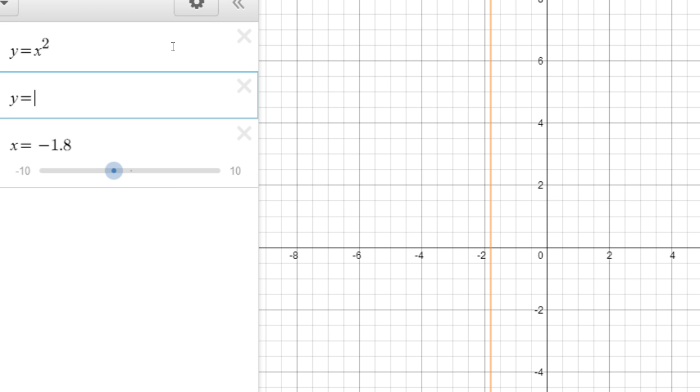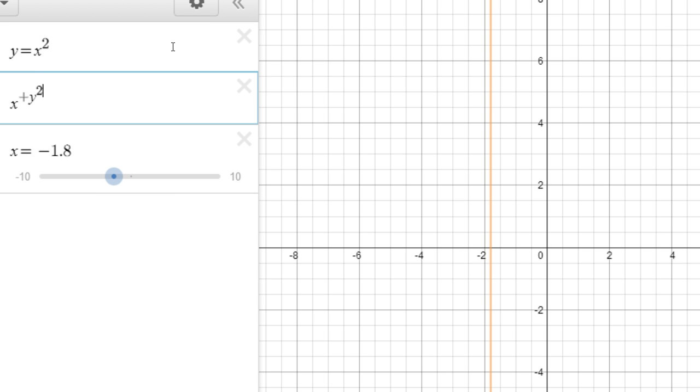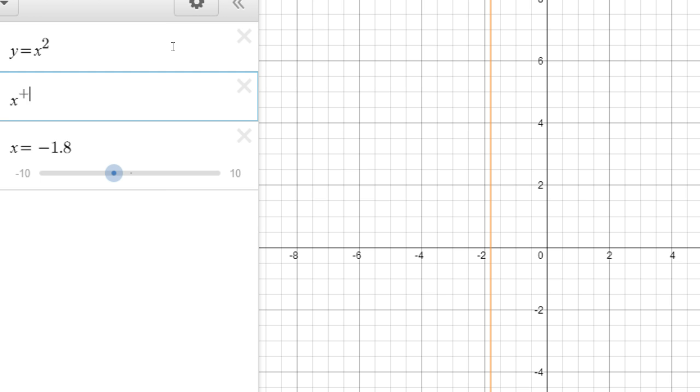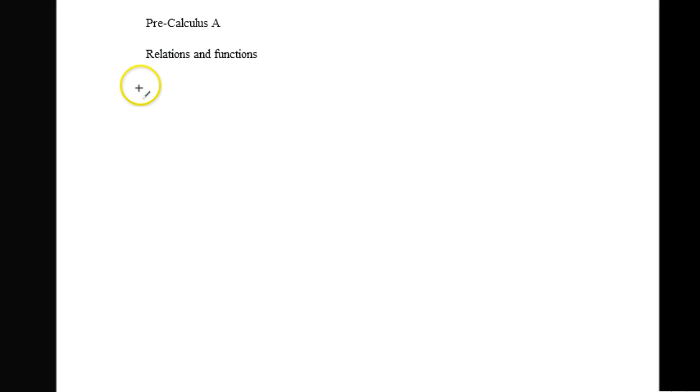Let's do an actual circle: x squared plus y squared equals 1. If we use the vertical line test, we would see that the circle does not pass it. So that one's pretty easy to work with.